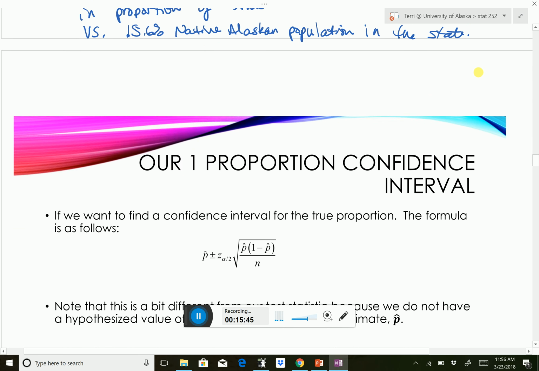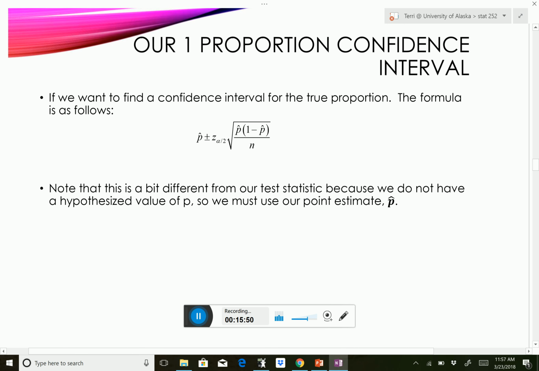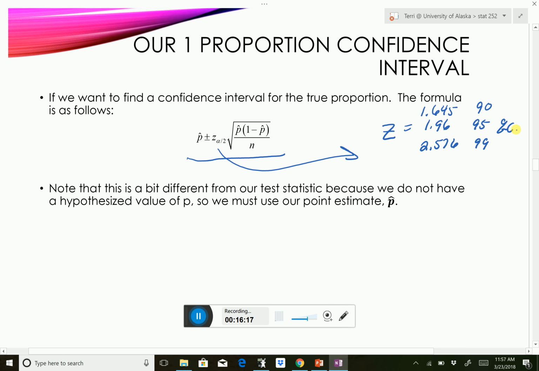Okay, so now let's move on to the confidence interval. If we want to find a confidence interval for the true proportion, then our formula looks just like this. Now notice we're a little bit different here. We go p hat plus or minus the z at alpha over 2. Remember, this z equals either 1.645, 1.96, or 2.576, depending on if I have a 90, a 95, or a 99% confidence interval.